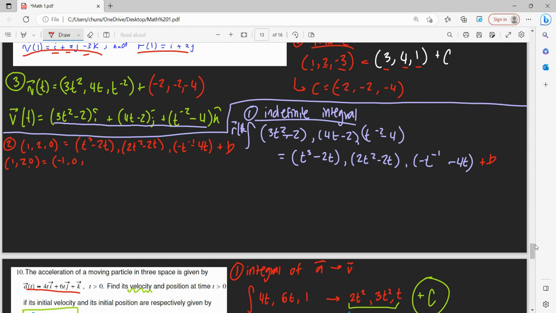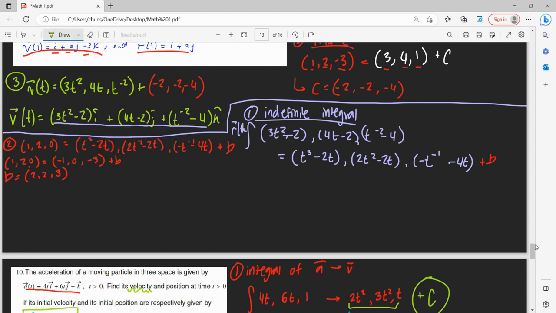Got 1 minus 4, negative 3, plus d. So that means d is equal to 1 plus 1, 2. 2 minus 0, 2. Then we move that to the other side. That is 3.